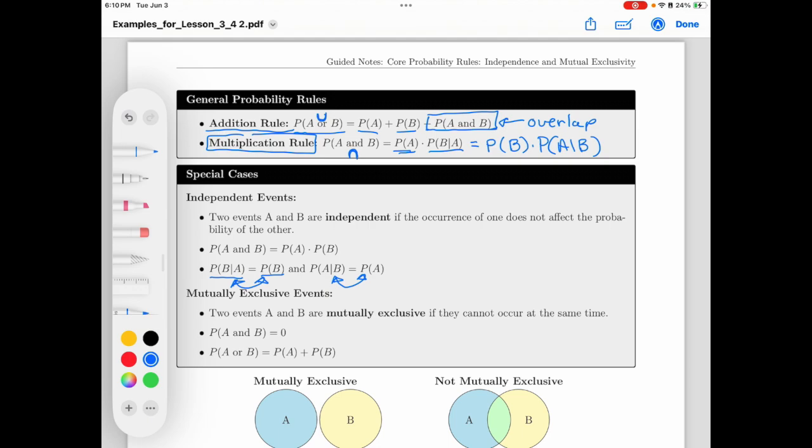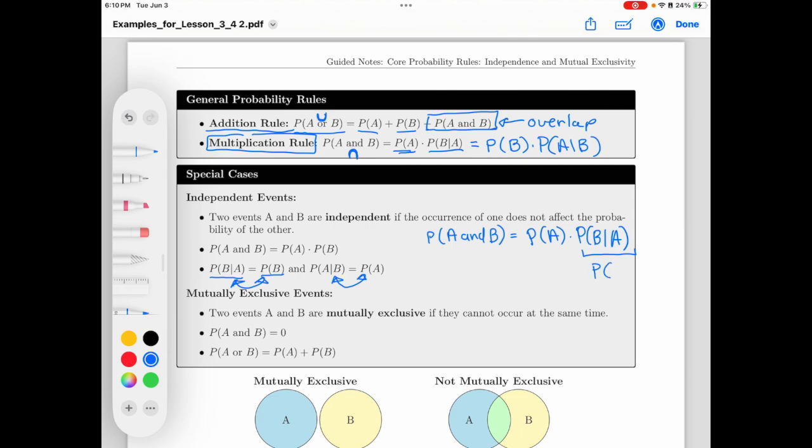Because of that, if we look at our general multiplication rule, we have the probability of A and B is equal to the probability of A times the probability of B given A has happened.